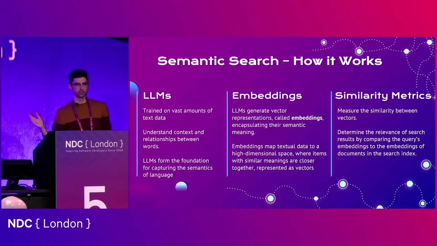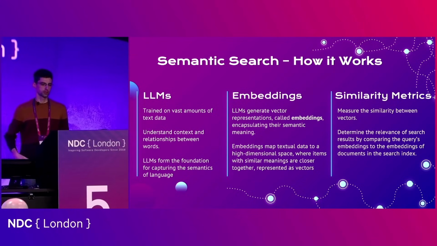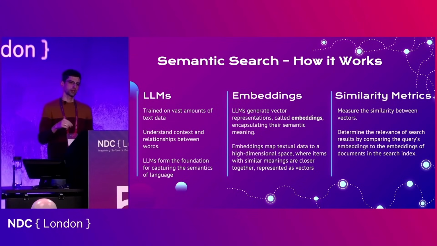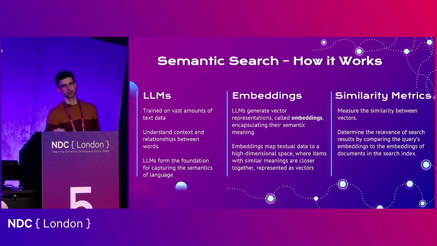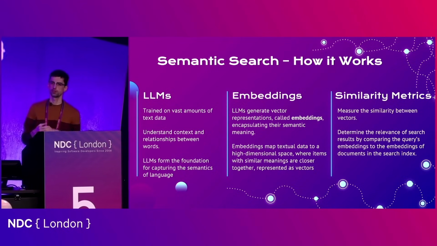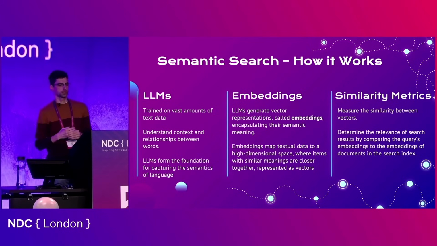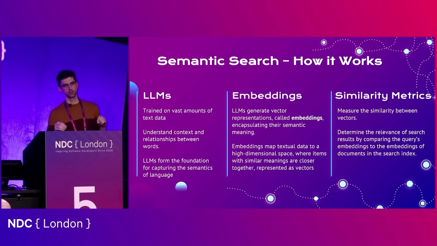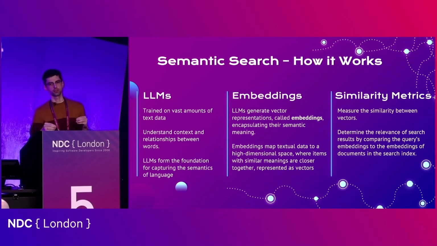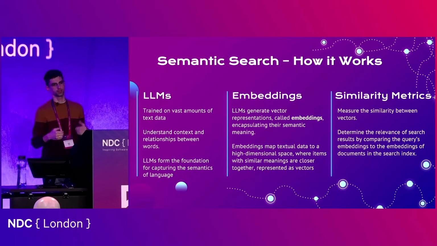They are the foundation of capturing the semantics of language. With the help of LLMs, we can generate embeddings from any data, like text, images, or even audio and video. Vector embeddings are numeric representations of data, and the important feature of vector embeddings is that they capture the meaning of the data from which they were generated.